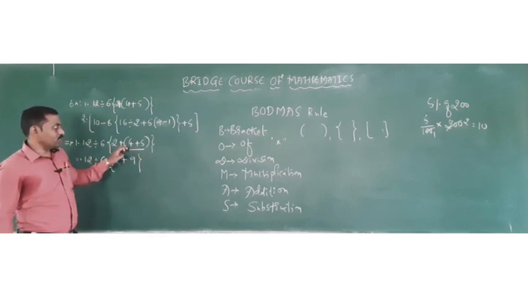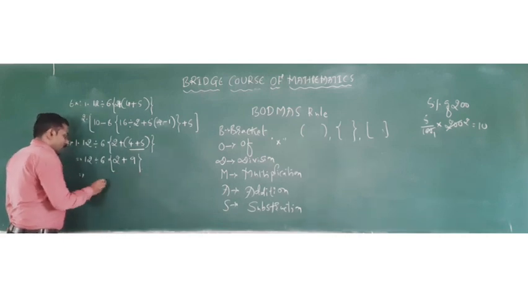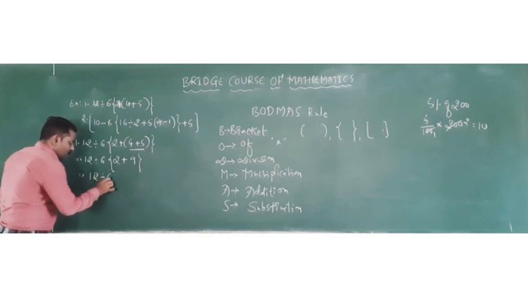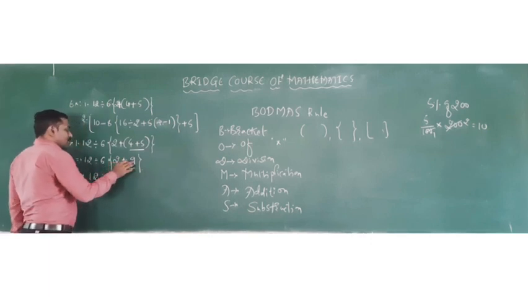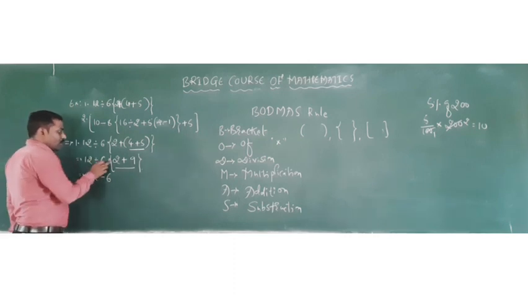First remove the round bracket, then remove the flower bracket. 12 divided by 6 of, 2 plus 9, that is 11.